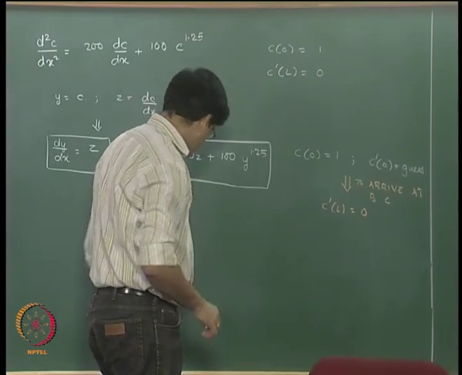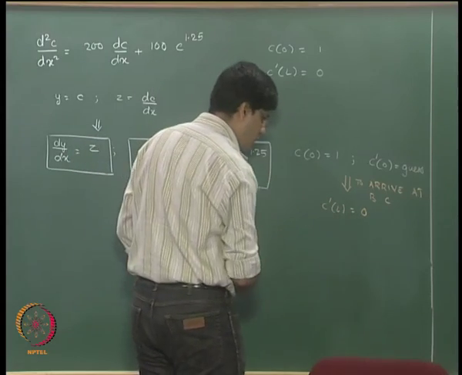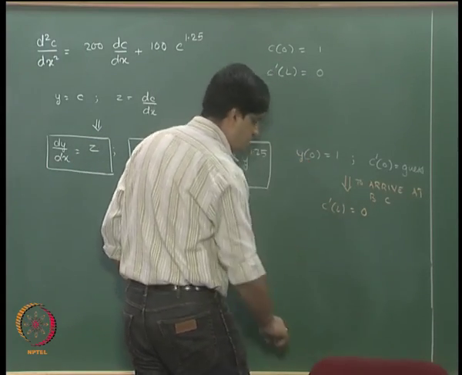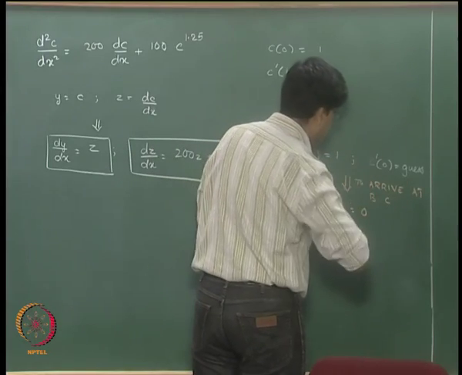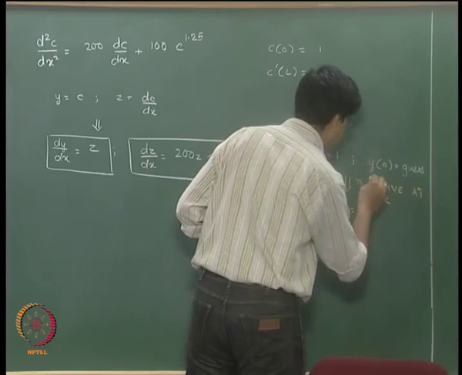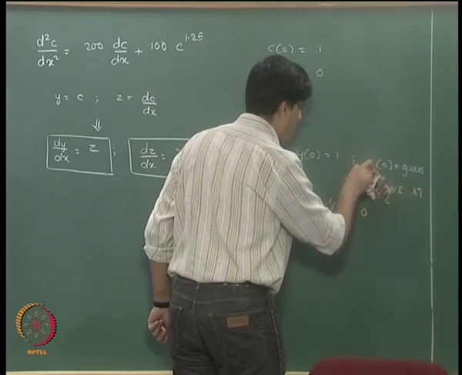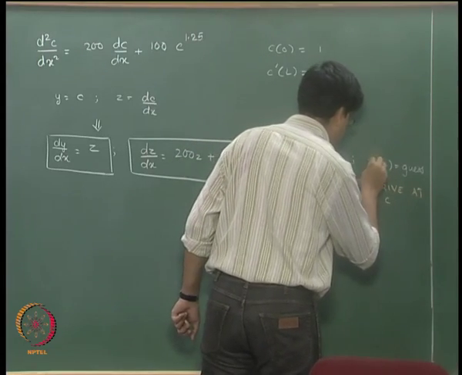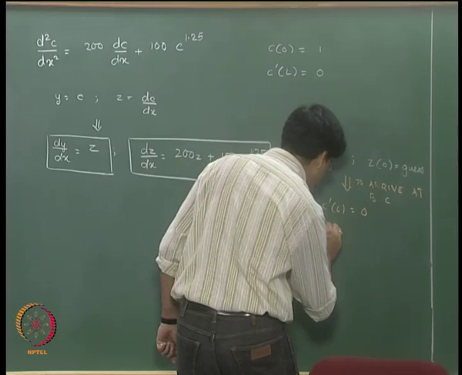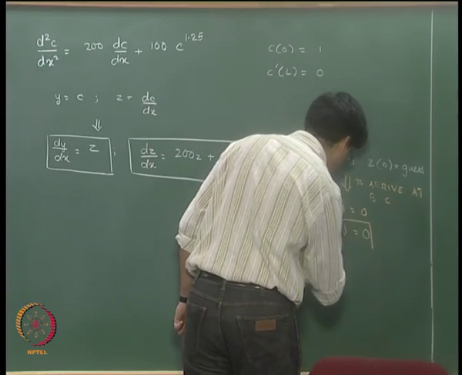So c at 0 equal to 1 I am going to replace as y 0 equal to 1, c dash 0 equal to guess I am going to replace as, sorry, not y 0 but z 0 equal to guess, and we are going to shoot such that we arrive at the boundary condition z at L equal to 0.